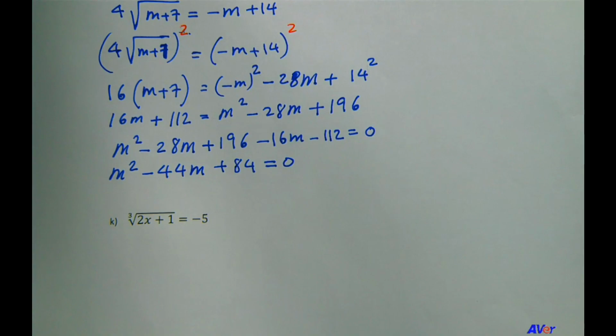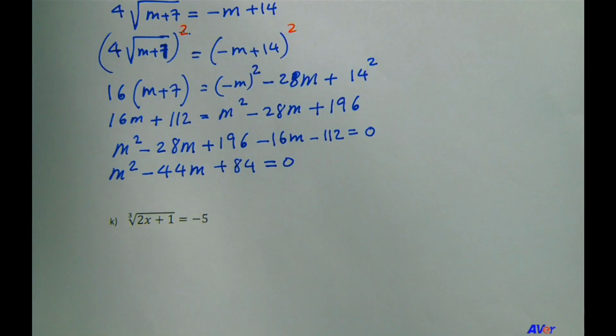Let's see. I don't see it right away, so I might have to use the quadratic formula. 7 times 12 is 84, but 7 and 12 add up to 19, not 44. So what else could multiply to 84? 2 times 24, no, that would not work.